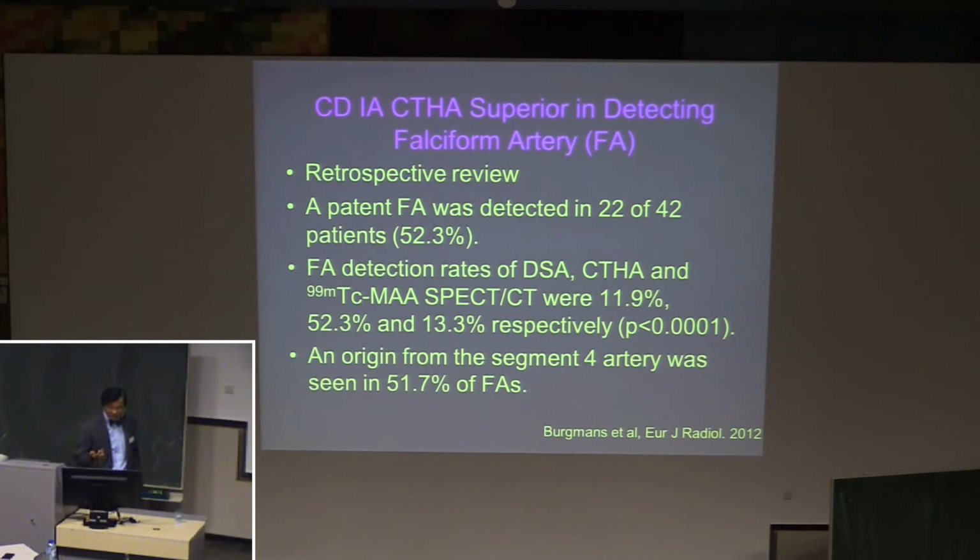He compared that with the other techniques and showed that digital subtraction angiography could only detect about 12%, and technetium MAA SPECT CT only about 14% of these arteries.